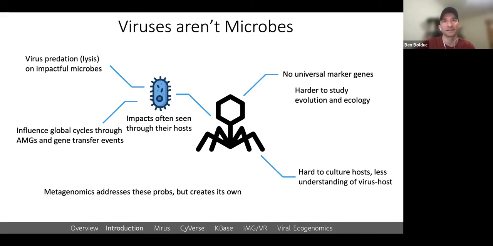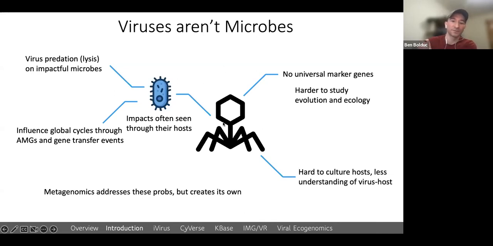I've seen estimates like 97 to 99% of microbial or virus hosts can't be cultured. And if you can't culture the host for a particular virus or group of viruses, then you can't generate enough material to do certain types of analyses that you could casually do with microbes.